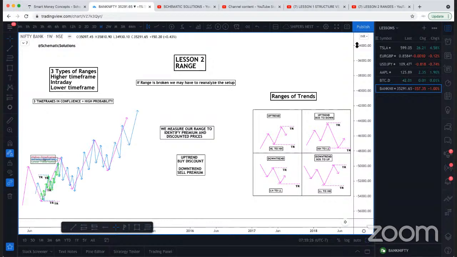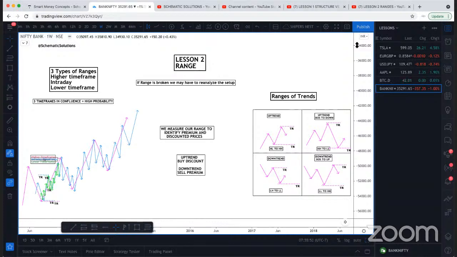So three types of ranges, or three time frames of ranges. And keep in mind, of course, higher time frame trumps all. First things first, we have our higher time frame range, and this is going to be the largest range. Then we're going to have our intraday range, and last but not least, a lower time frame range as well.